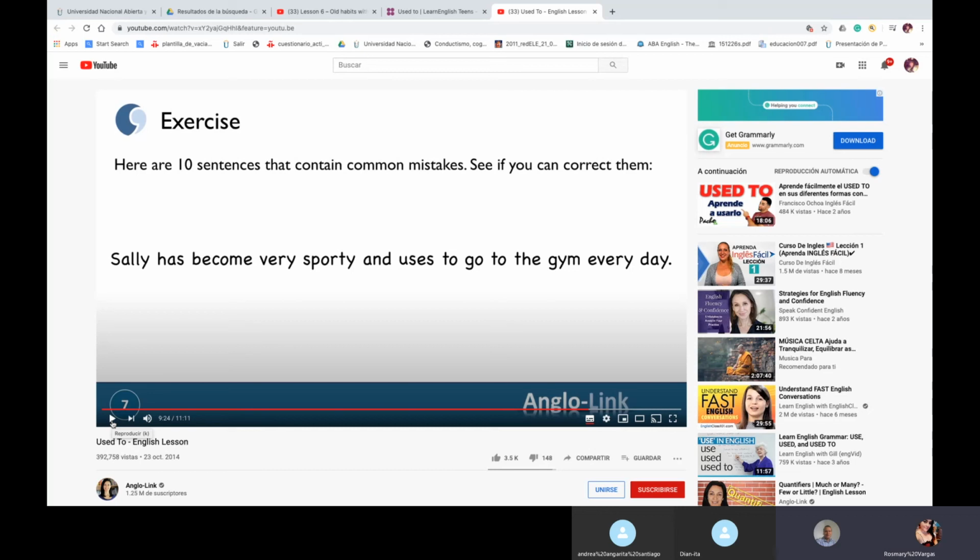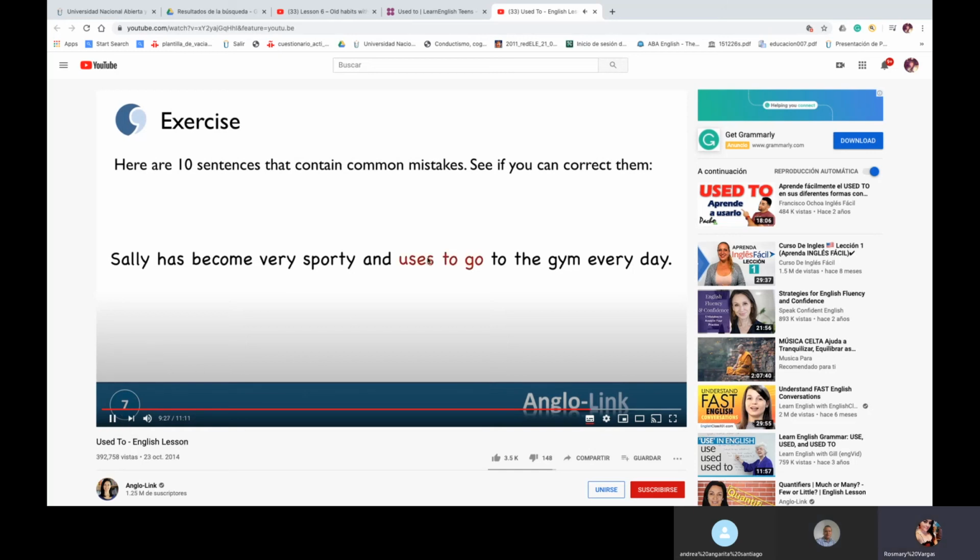It's not talking about the past. So it's fine to use used to in this sentence? No, because it's in present. She doesn't stop doing that.